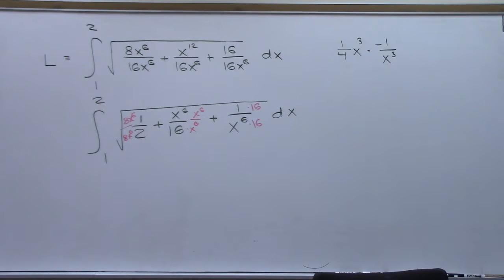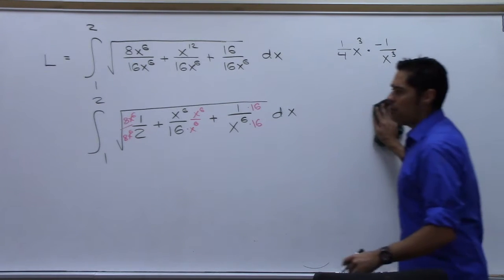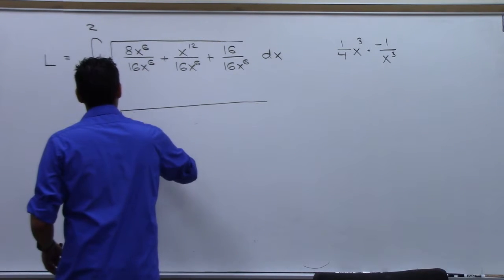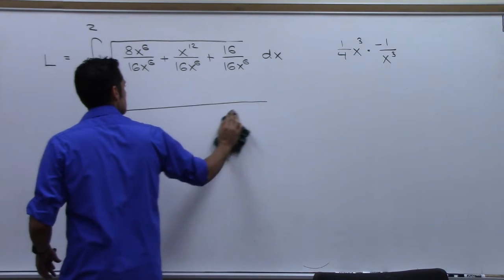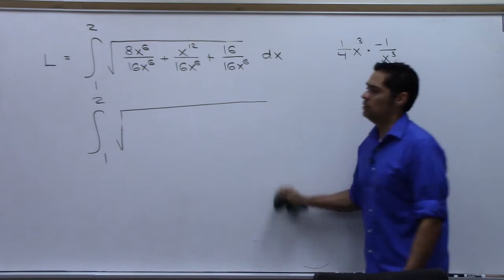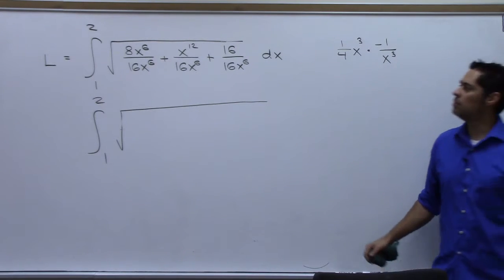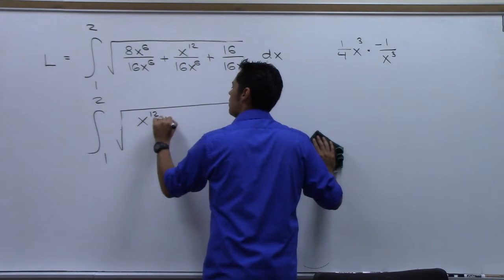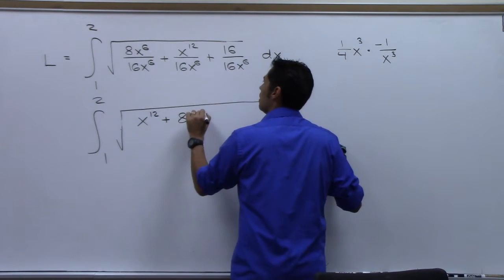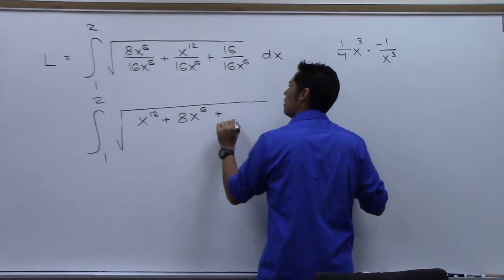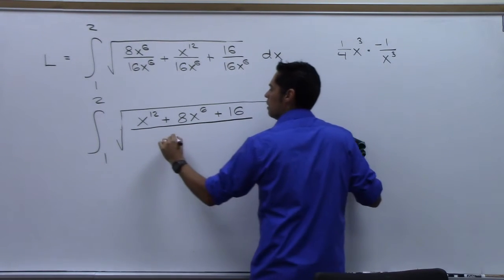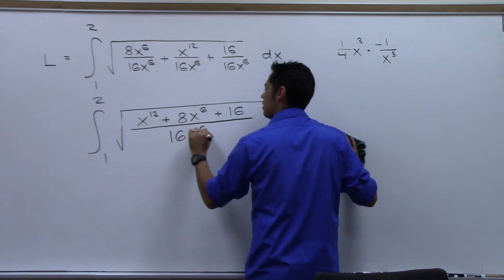Now you can put all the fractions together, which means all the numerators go together. I'd like for you to write all the numerators out in descending order, highest power of x down. So x to the 12th plus 8x to the 6th plus 16 over, what's my denominator? 16x to the 6th, dx.